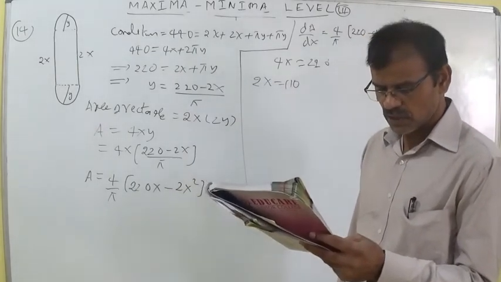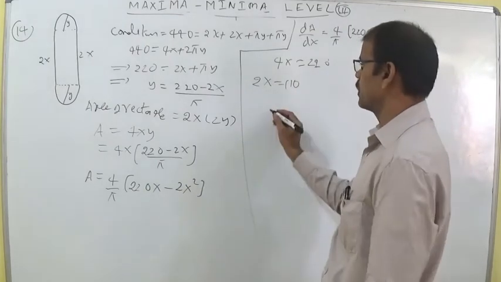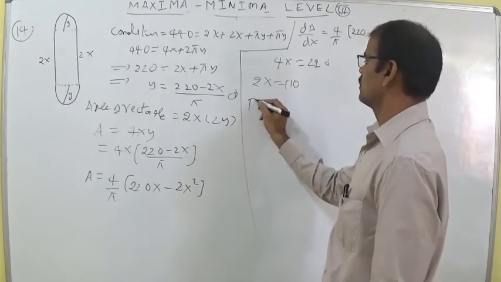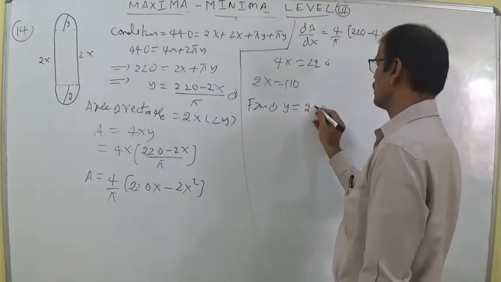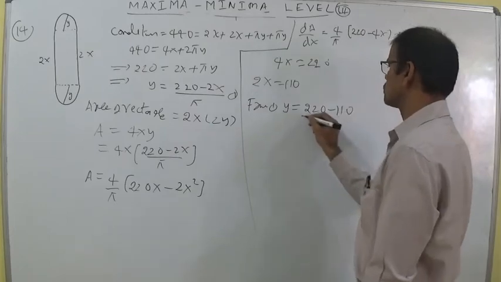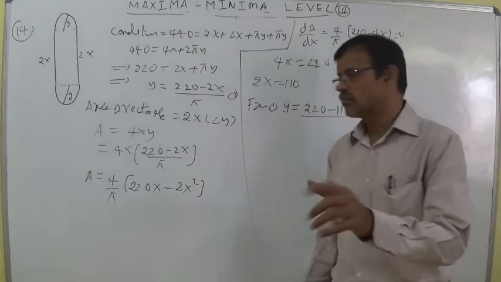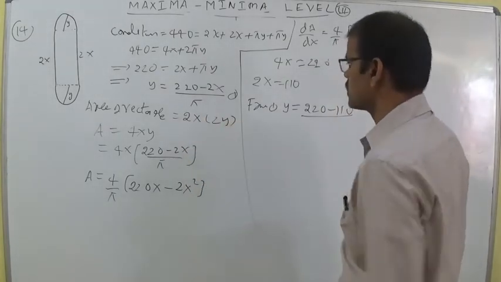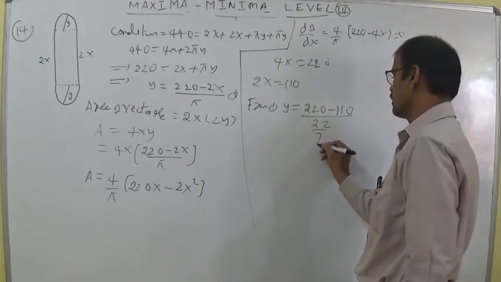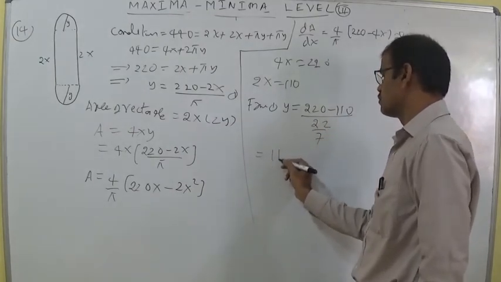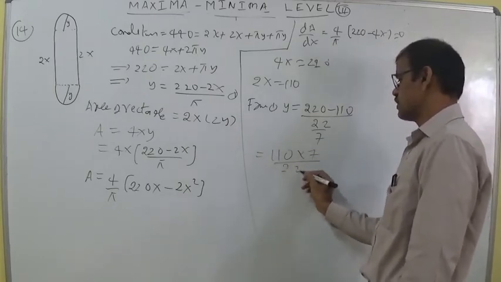How many options are there? 2 options. And let us discuss the breadth. Y, from the first equation. Y is equal to, substitute the value of 2x here, so 220 minus 110 by pi. In the numbers given, pi is not given, so let us write the value 22 by 7. 220 minus 110 becomes 110, and this is 7 by 22.